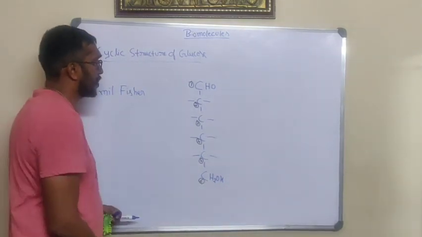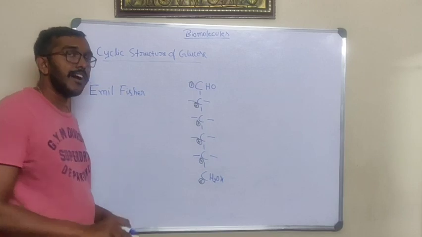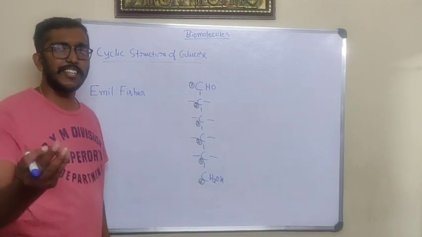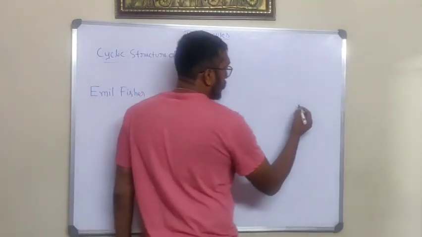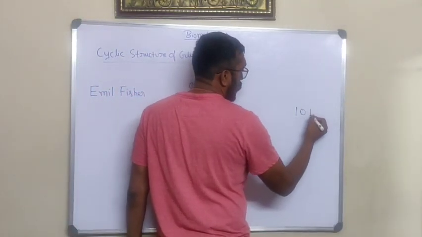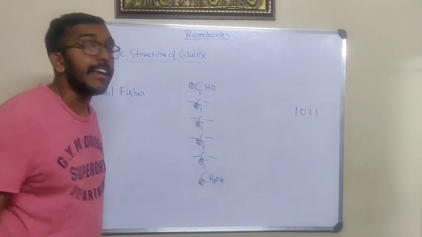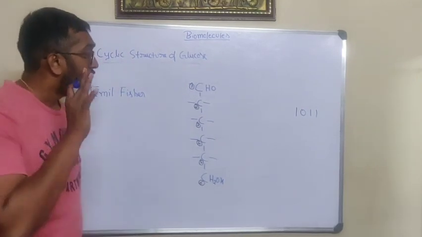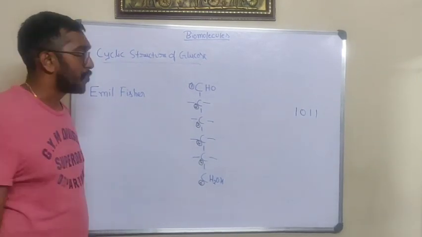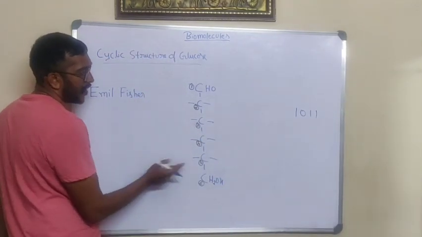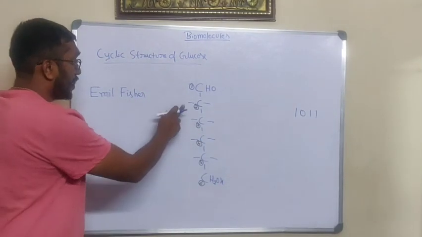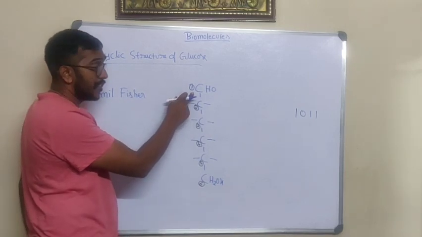I will tell you a simple trick for glucose. You need to remember one formula, 1011, where 1 indicates hydrogen and 0 indicates the OH group. We apply this formula towards the left, and I am going to start from here since its valence is completely satisfied.